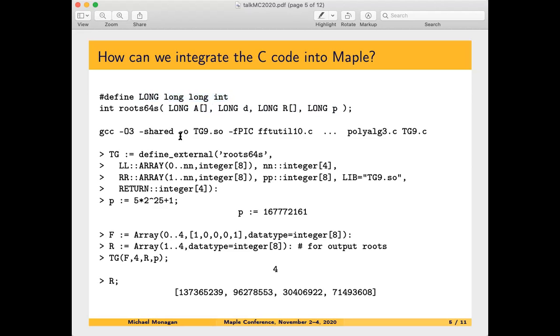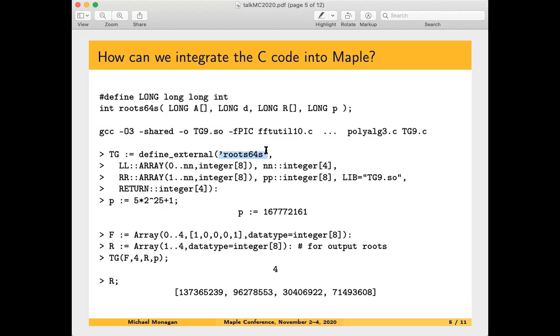The way to link this C code up to Maple is to create a shared library, which is done with this command using GCC. It creates this shared library. And then within Maple, the way to access my C function, roots64s, from that C library is as follows. I define an external routine.